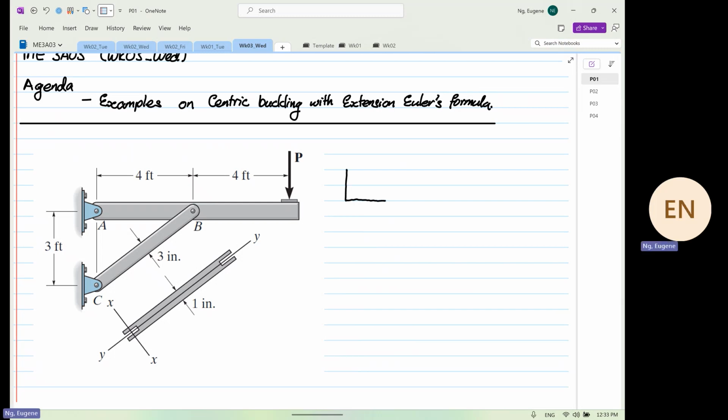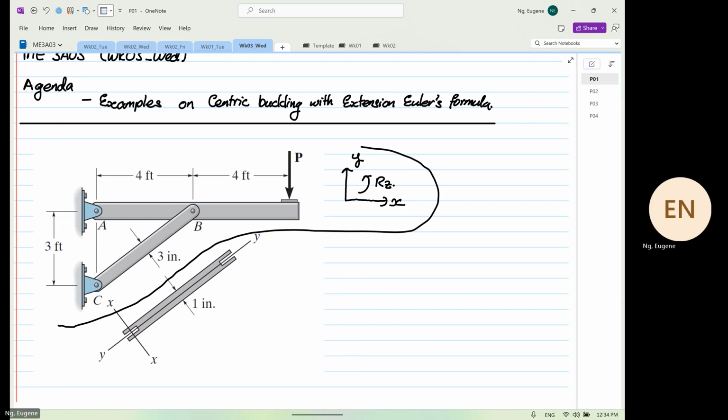You can find this structure on Avenue to Learn, and I've posted it. Right. So this orientation over here represents this diagram here.